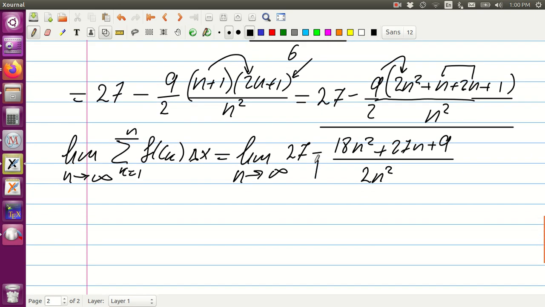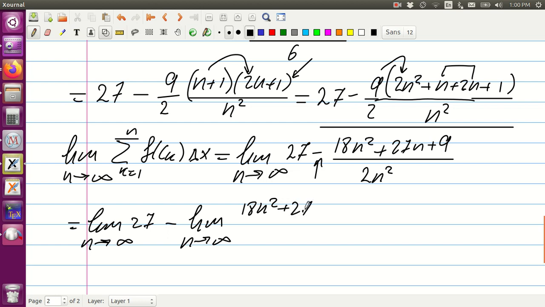So since we have a minus here, it's going to be the limit of 27 when n approaches infinity minus the limit when n approaches infinity of 18n squared plus 27n plus 9 over 2n squared. And limit of 27 is just 27.